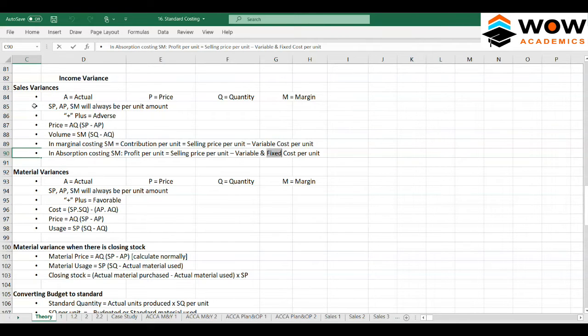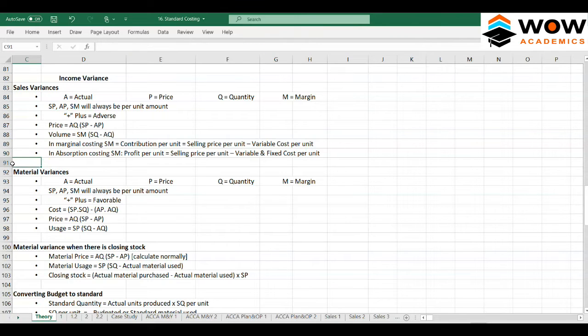So that's about the sales variance here. Always be very thorough: A refers to actual, P refers to price, Q refers to quantity, and in this one, M refers to margin. Only in sales variance do we have this bifurcation for marginal and absorption. In other variances, it doesn't work like that.